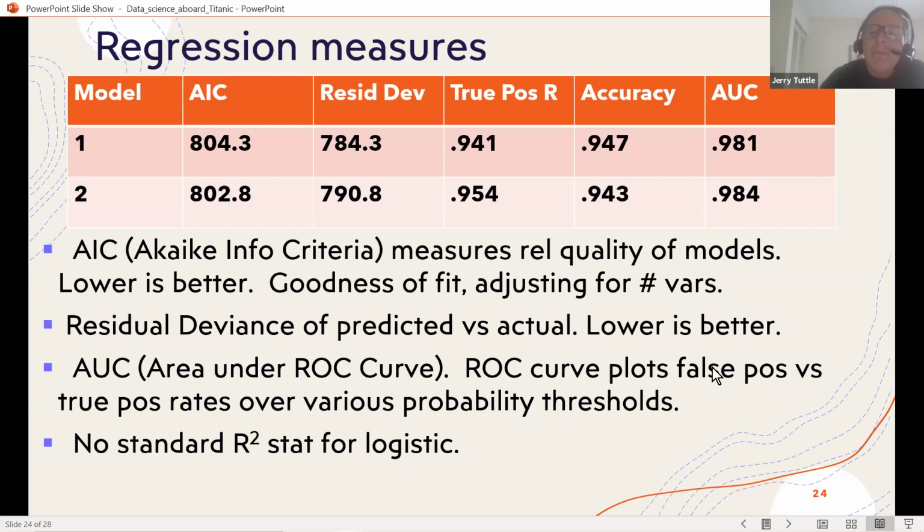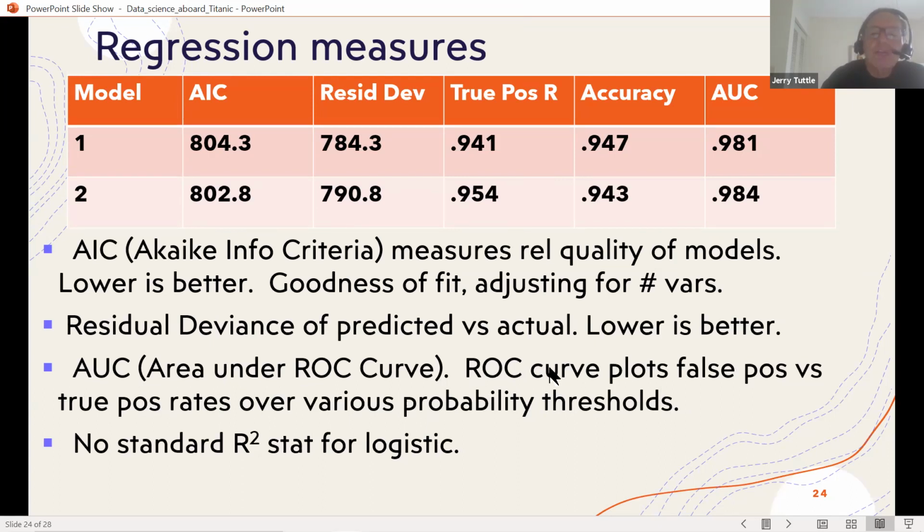Area under curve, I talked about this briefly earlier. When we consider false positive versus true positive rates, we vary the probability thresholds. The default probability threshold is 0.5, but there's nothing sacred about that. You can ask for a stricter probability threshold or a less strict one. And when you do that, everything changes.